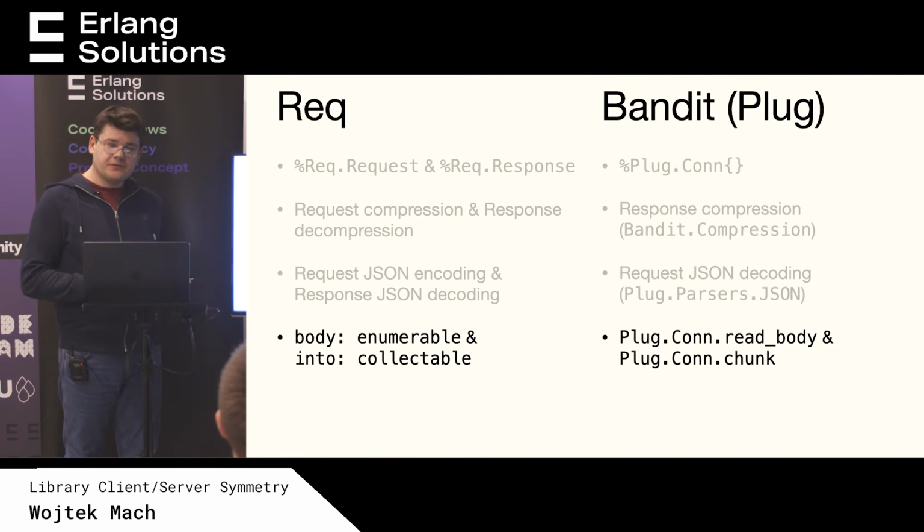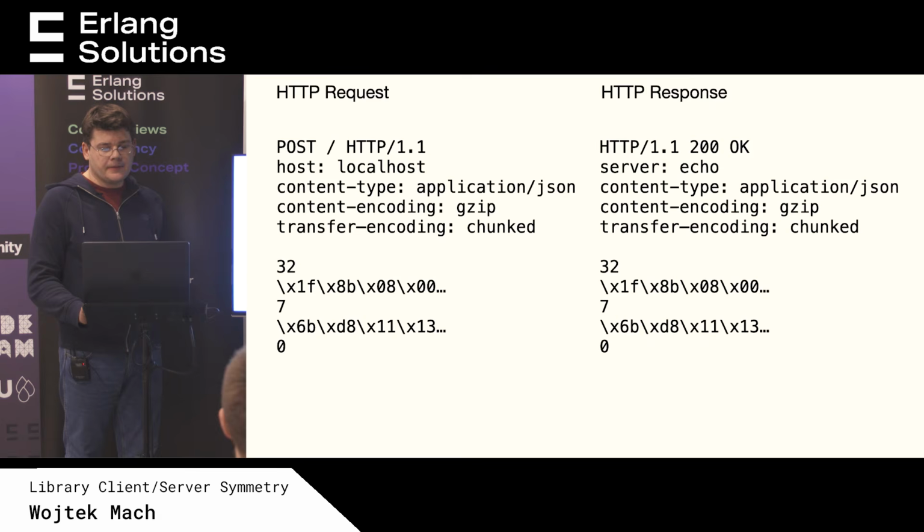Even though the protocol is symmetrical, we have quite different clients and servers. They actually share very little code, like all of that compression and encoding and decoding. That's actually not shared at all. But the protocol, I think, just screams, at least to me, to kind of reuse all of that.